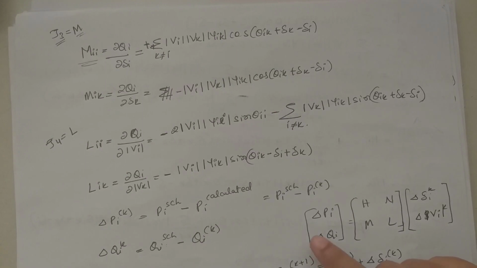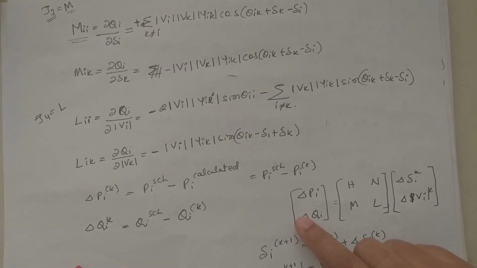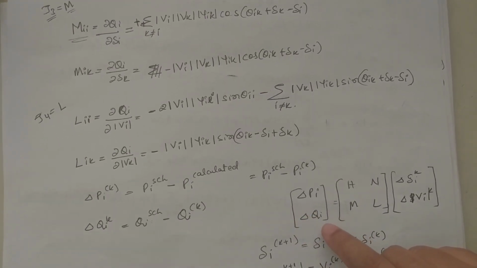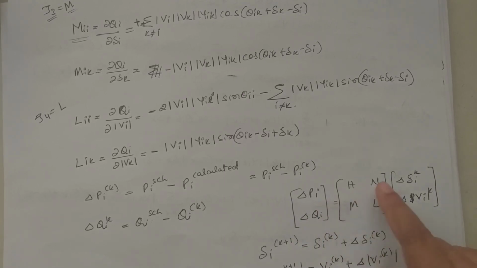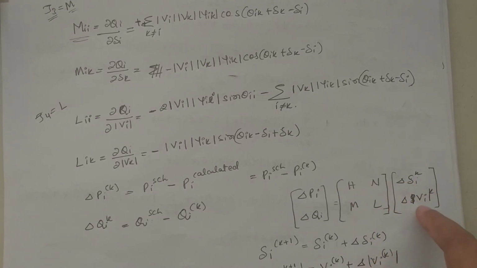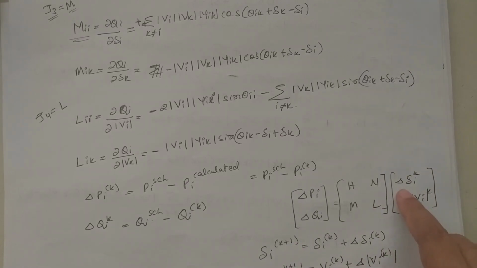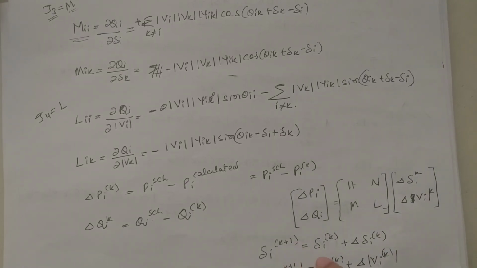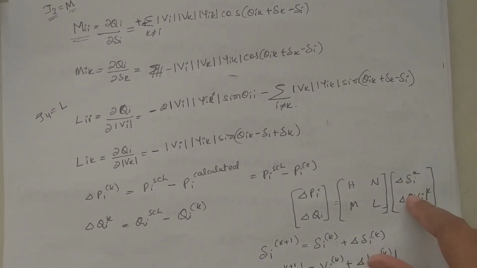The linearized form of representation of the equations ΔPi as well as ΔQi is given by the formula with the H, N, M, L or J1, J2, J3, J4 Jacobian matrix into Δδk, ΔVik. Here δik+1 can be calculated using this equation: δik is the initial value plus the change in value of δik, calculated using this formula.